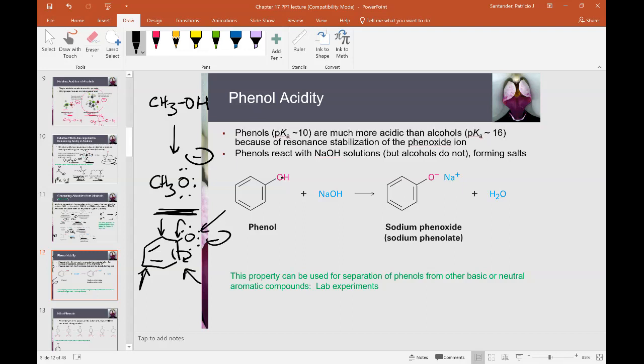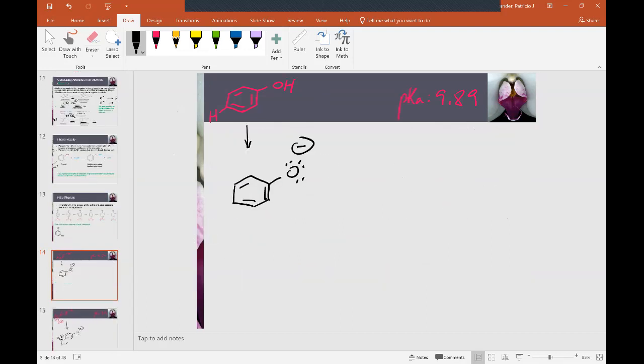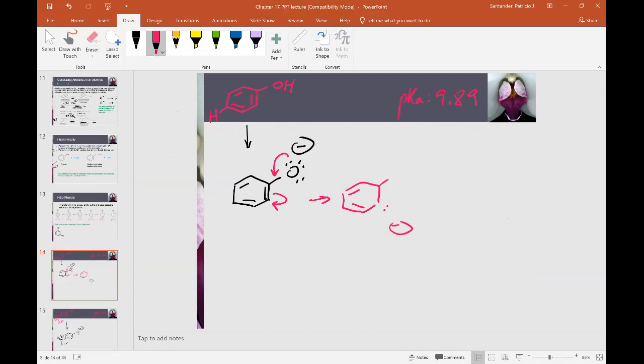Now, we will discuss the relative acidity of regular phenol. So here we have just regular phenol. What are the resonance structures that I can write down here? Well, I can bring my pair of electrons here, localize there. That will be 1 additional resonance structure. Or I can bring the negative charge here.